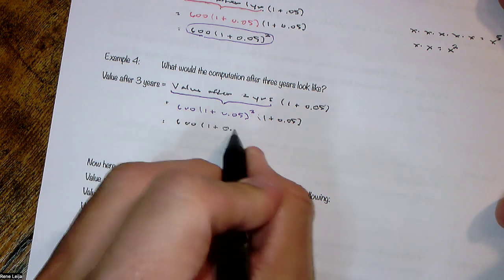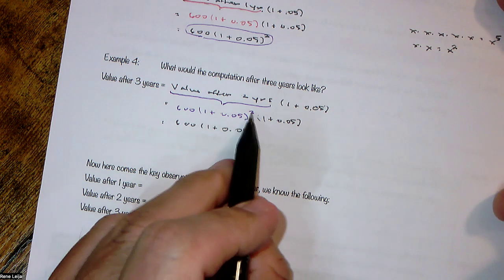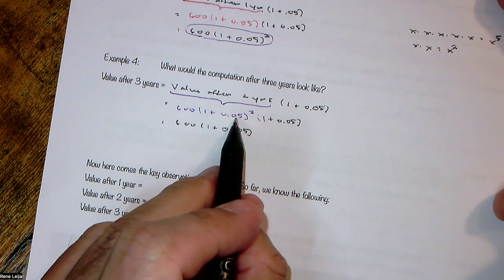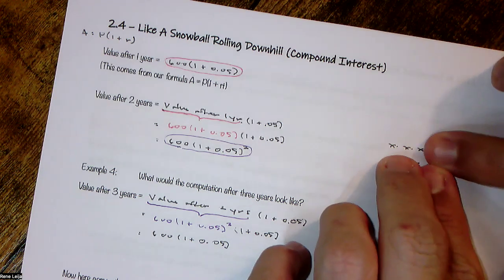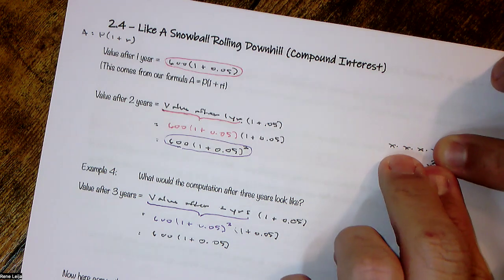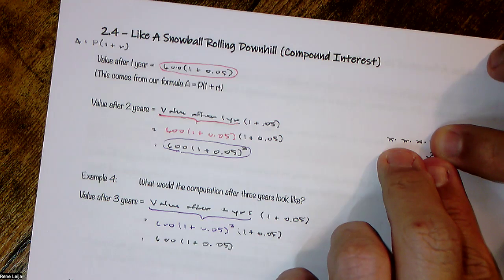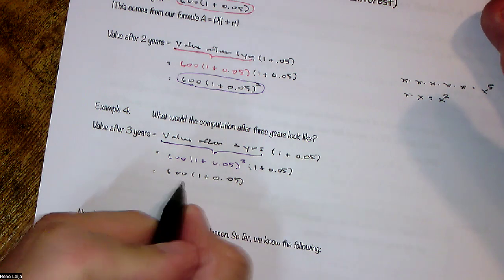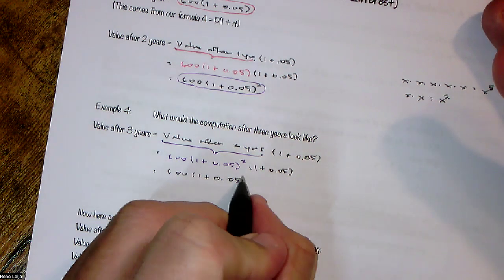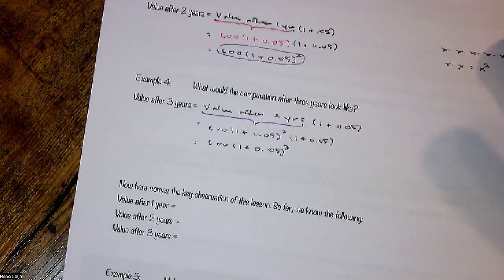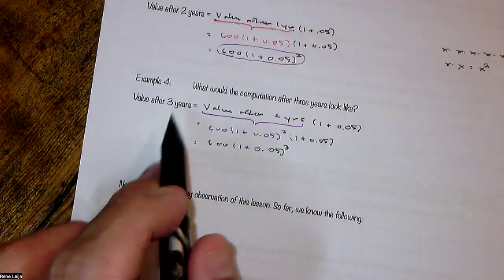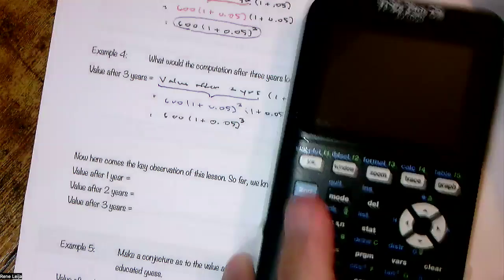Now, look at this. I have two of these 1 plus 0.05s, and I'm going to multiply another one. Well, if I have two of them, and then I'm going to multiply another, then that would give me x to the third, right? Okay, same thing. So here, this is going to give us 600 times 1 plus 0.05 raised to the third power. And that's how we would calculate how much we're going to have after year 3.